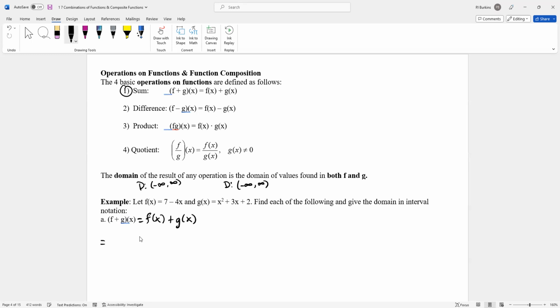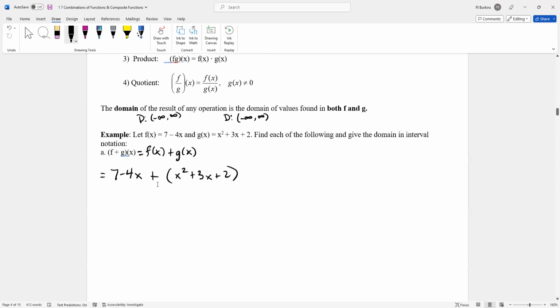Okay, so f of x was 7 minus 4x plus, and I'm going to always do this in parentheses just to be safe, x squared plus 3x plus 2. That's our g of x function. Now, because this is addition, I don't need those parentheses any longer, and I can go ahead and drop them.